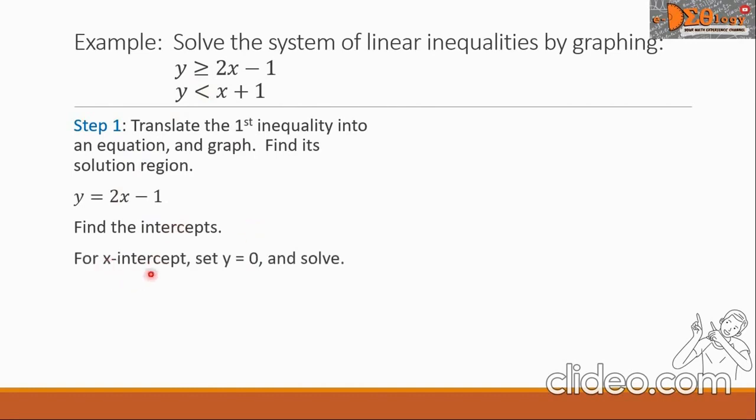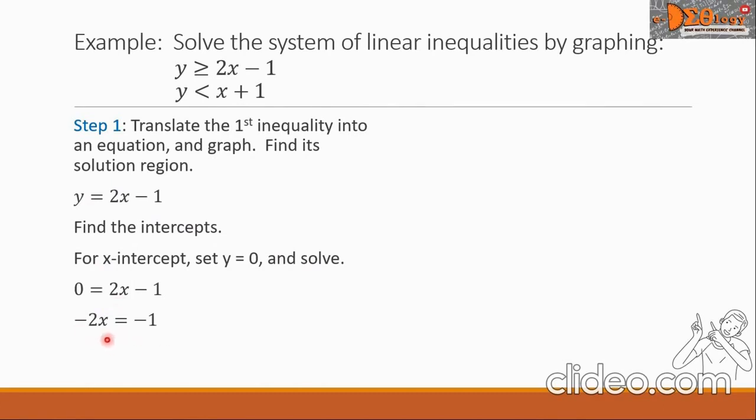For the x-intercept, we know that y should be set to 0 and solve. So this equation now becomes 0 equals 2x minus 1. Let us transpose the 2x to the left, and the sign must be changed from positive to negative. So we have negative 2x equals negative 1.